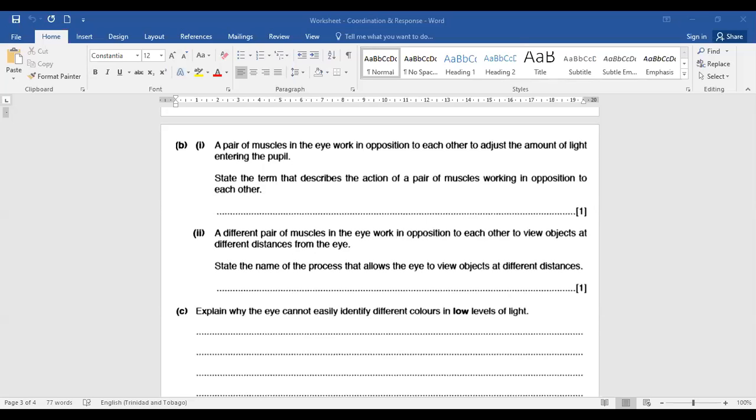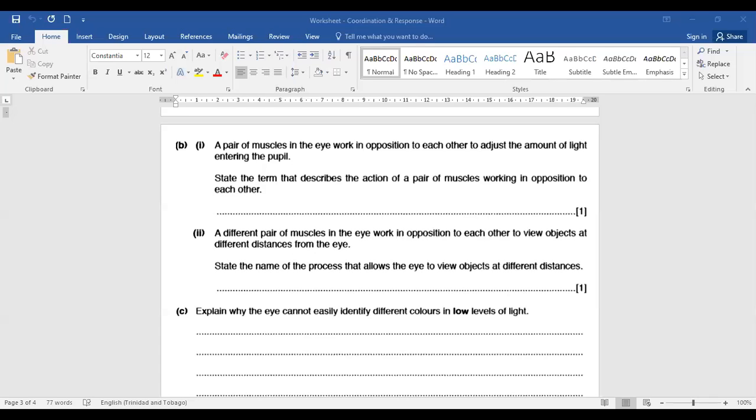So take the muscles that adjust the amount of light that enters the pupil. Remember, your pupil will shrink in bright light and then it will get larger in dim light. So remember you have your circular muscles and your radial muscles, and remember circular, the ones around the eye. When the circular muscles contract, your radial muscles will relax, right?